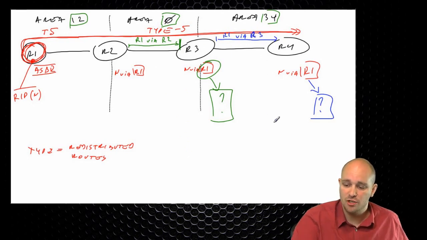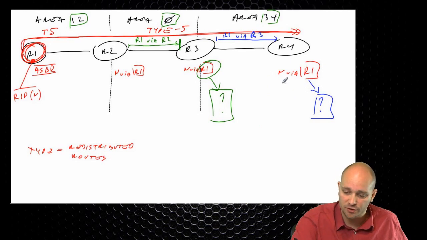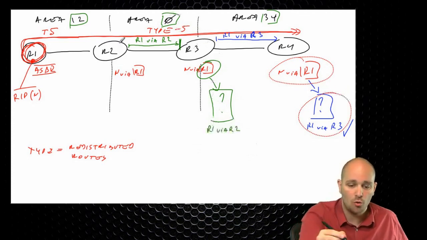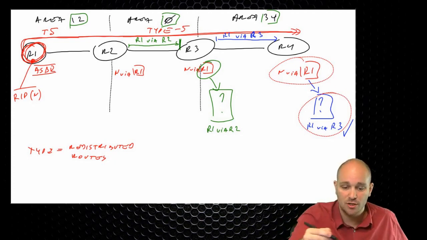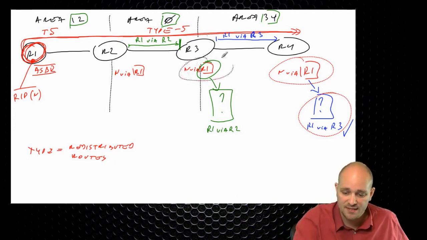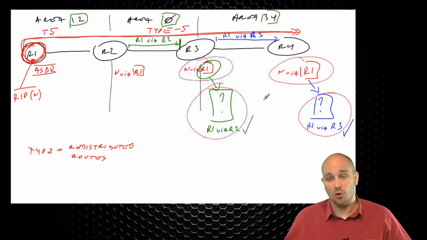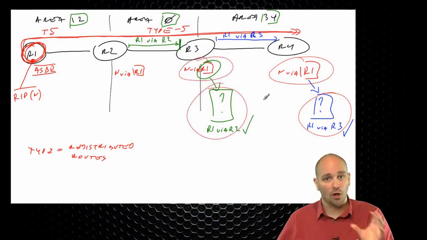Now, this information is now available here because we have information that R1 is reachable through R3, so we can actually compute this route here in conjunction with this information here. The same situation we have on R3, that R1 is reachable through R2. We know who R2 is, so we can actually compute this in conjunction with this information, so we are good. So type 4 and type 5 work together.